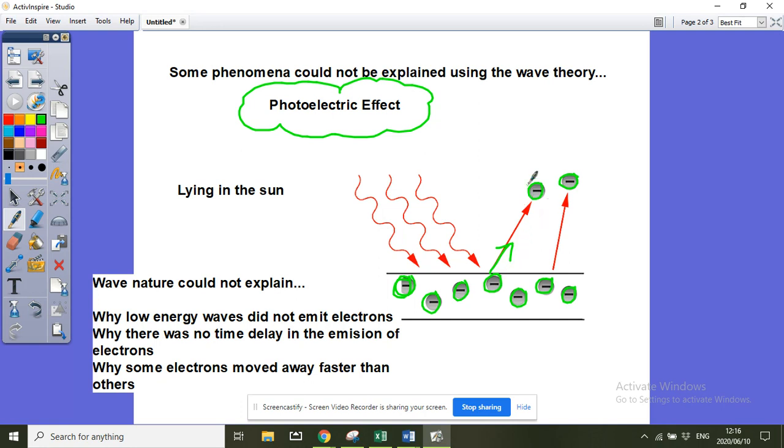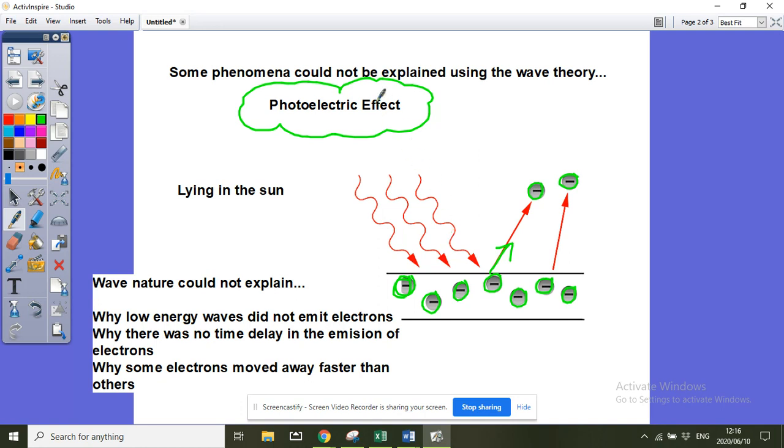Not all the electrons, but electrons would be leaving. Then also what they saw is that some waves, like I said, for instance, a red light would not emit any electrons. So even if I make that red light very intense, a very, very bright red light, electrons would still not be emitted.